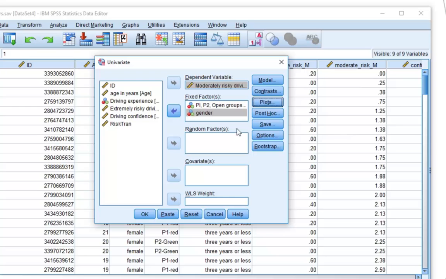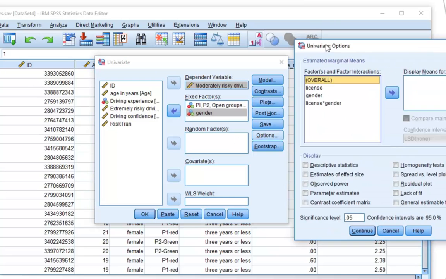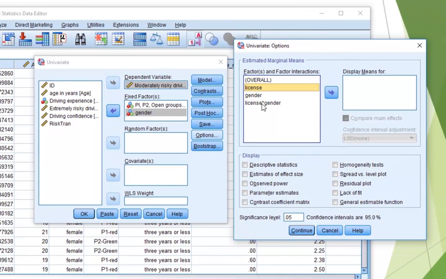Okay, so then we go for options, and we want all of this in there. I'm going to go ahead and tick compare main effects. Not that I particularly need it. All the hypotheses were about parts of an interaction. I'm not really going to be chasing the main effects in this unless I don't get the interaction. But there's an interaction coming.